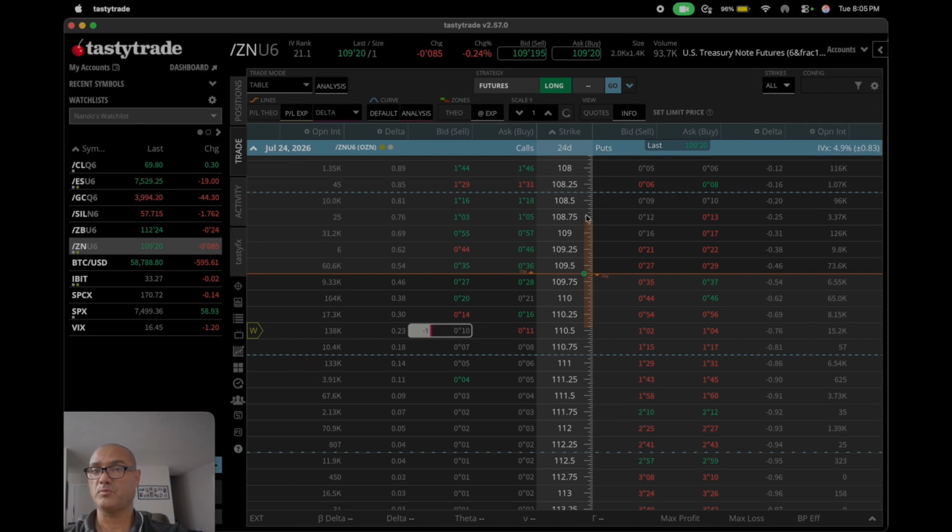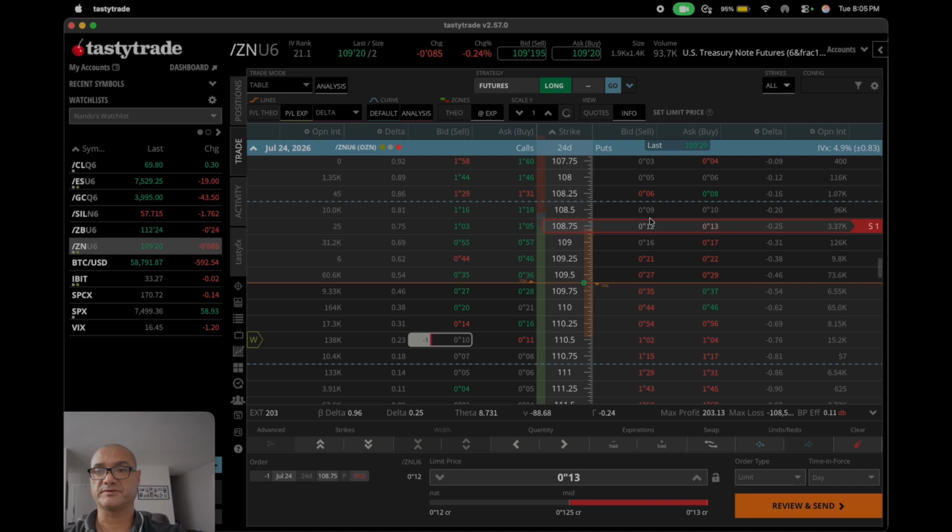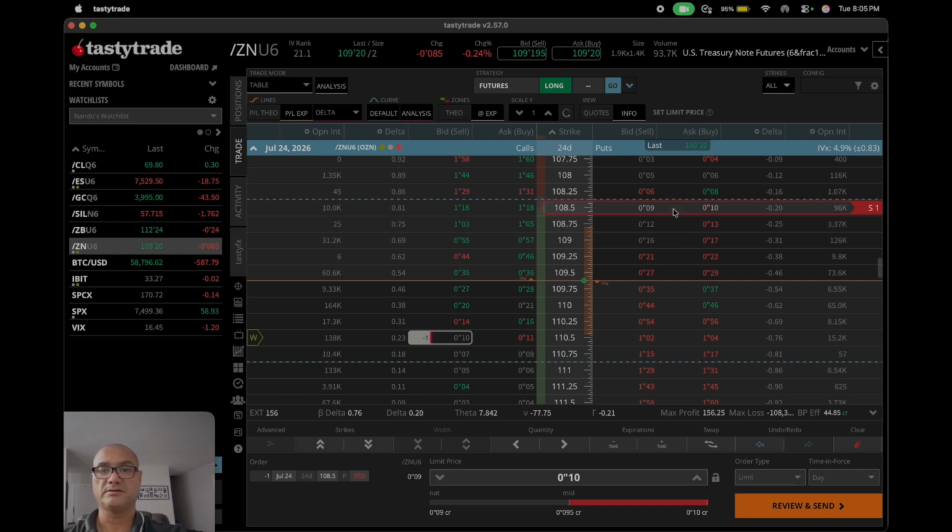So the 108 in the orders has a little more than 3,000 contracts of open interest, and the 109 has 126,000, so considerably more. But if I wanted to get right around delta neutral, I could either sell the 108 in the orders, for, let's say, 12 and a half, 12 for 13, or I can sell the 108 and a half for 9 or 10.